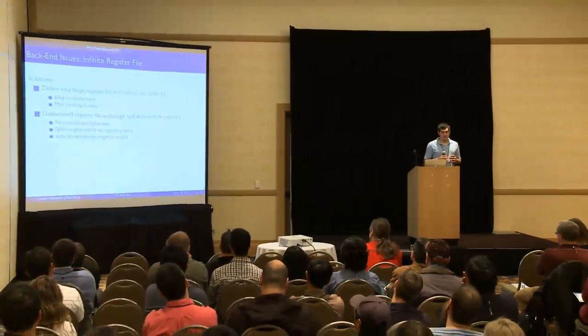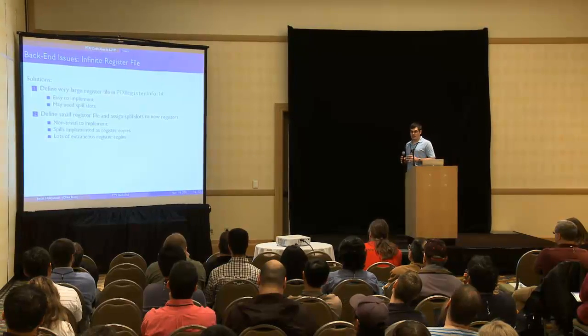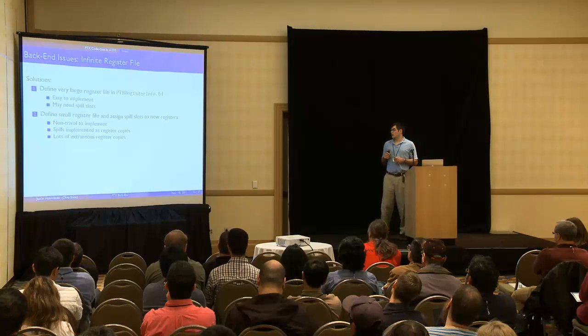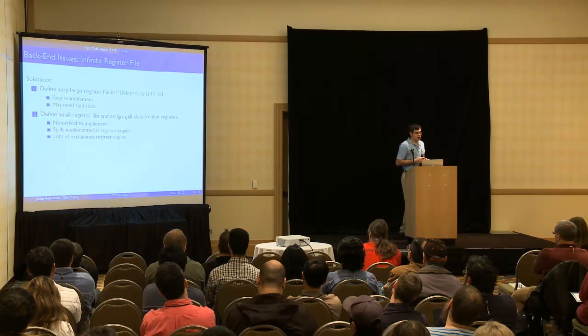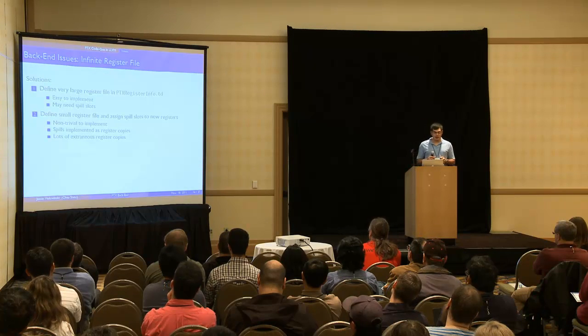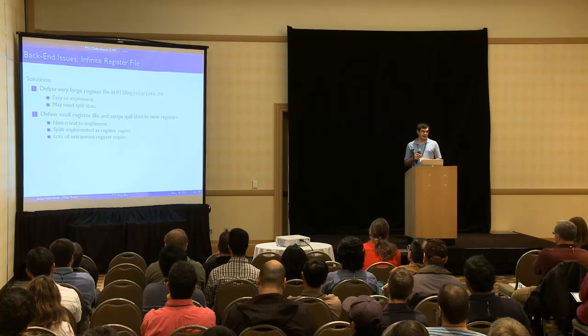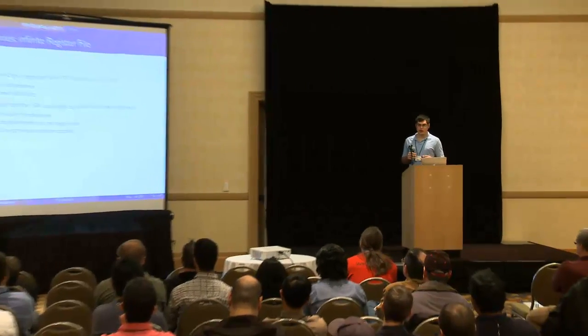Our second implementation tried to be a little smarter. Here we'll use a very small register file and basically rely on stack spilling to implement the register file for us. Anytime LLVM determines that a spill needs to occur, it will need to know where to spill this and how to spill it.